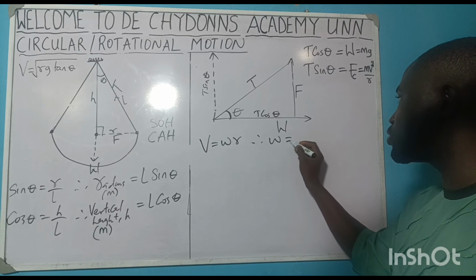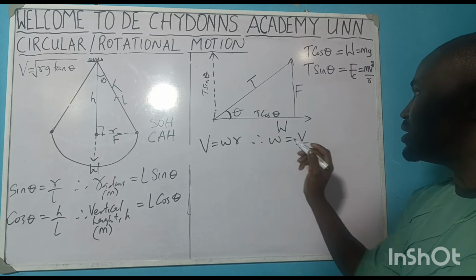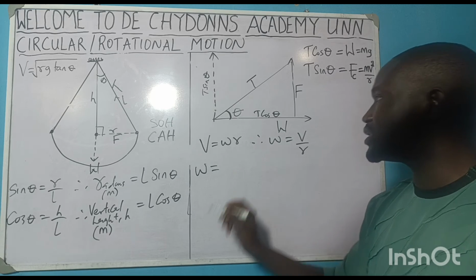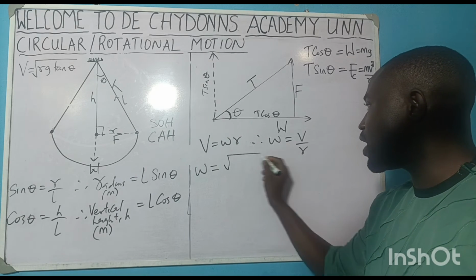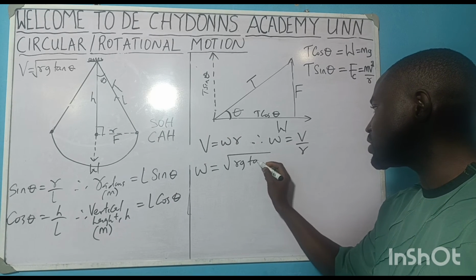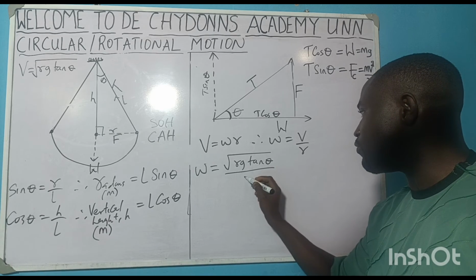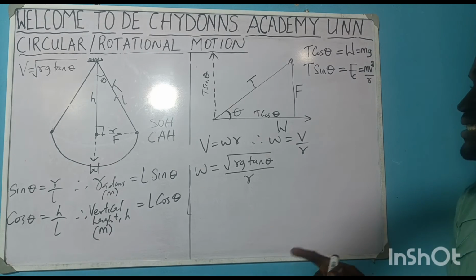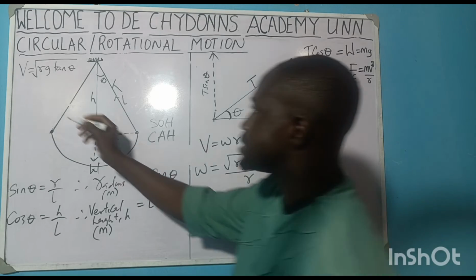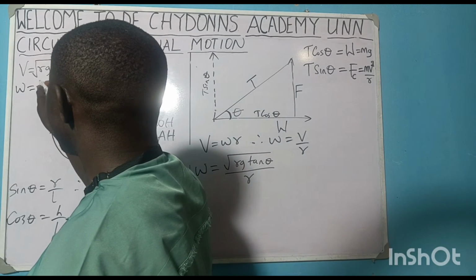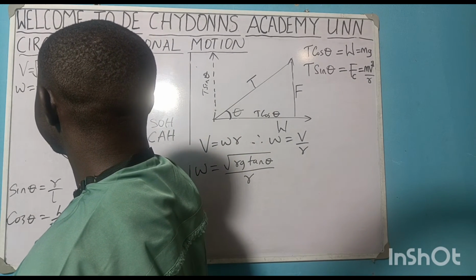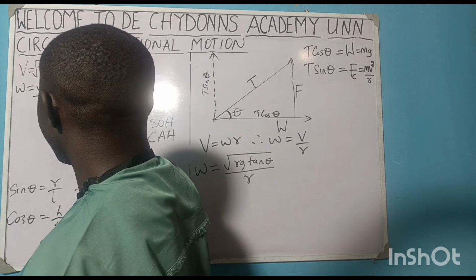Therefore, W equals V over R. Therefore, what is my V? Square root of Rg tan theta all over R. That is my angular velocity. Angular velocity equals the square root of Rg tan theta all over R.